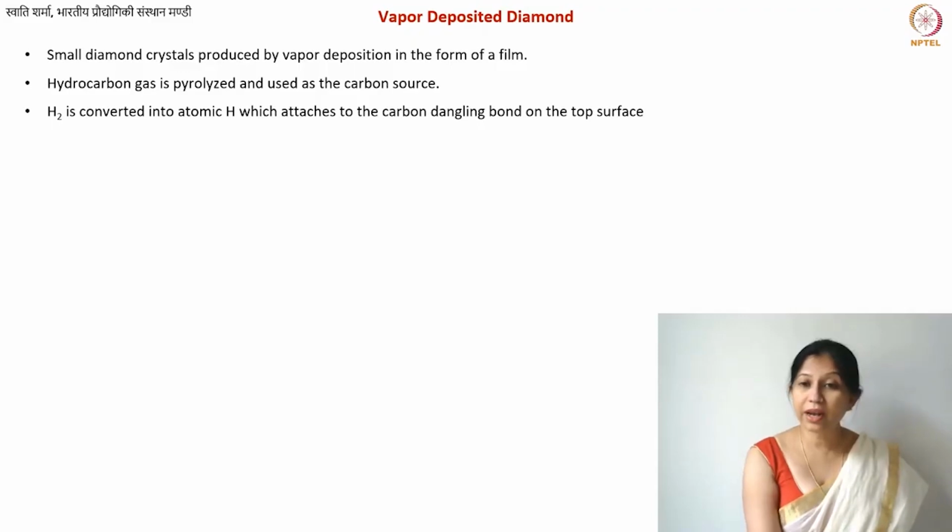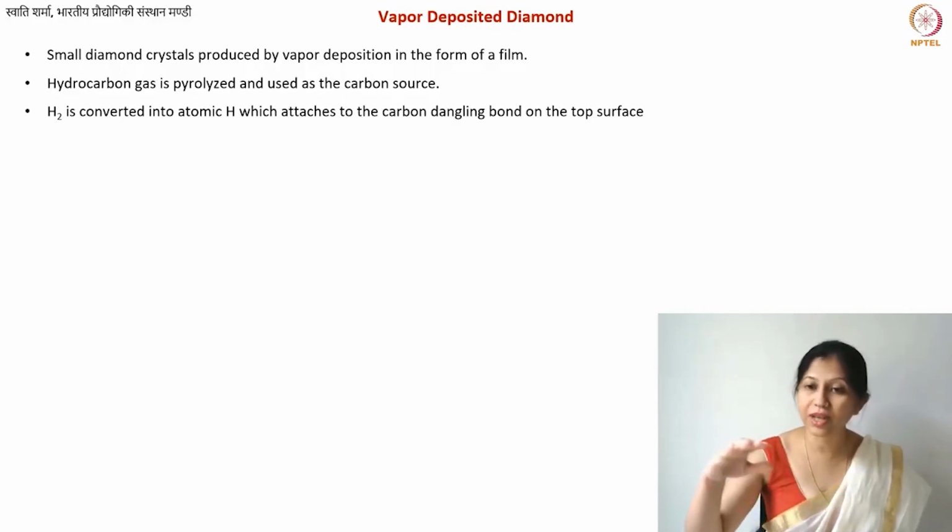Now, the most thermodynamically stable form is graphite, which basically means that whenever you get this kind of atomic deposition of carbon, in principle, you should get graphite-like films. But what is it that induces the formation of this sp3-type crystal and diamond-like films?